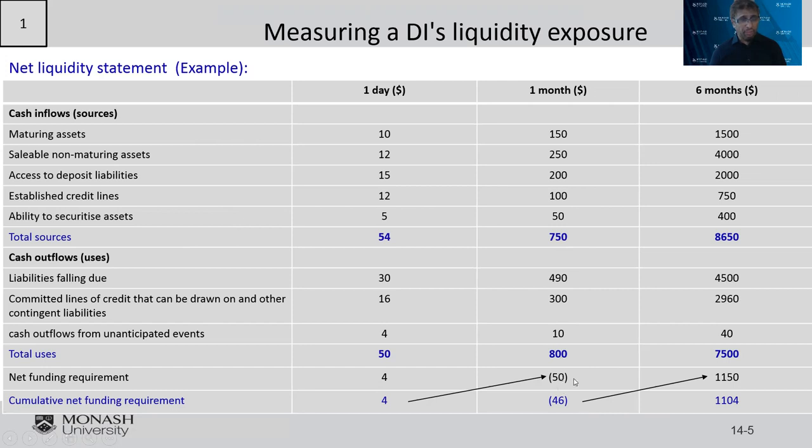The difference is 50, and then because we are talking about cumulative, not a single month or single day, it's 46, which means you have 4 surplus here, 50 deficit here, it's 46.